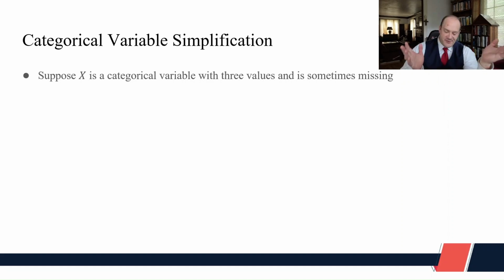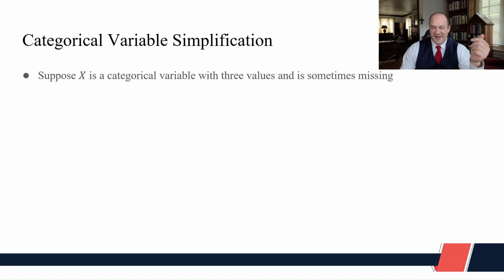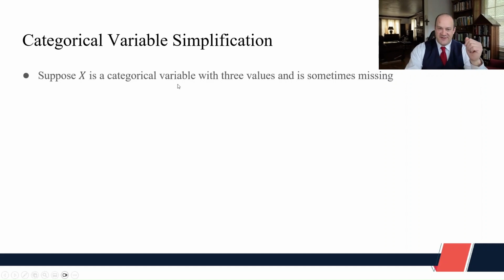So I'm going to go through a bunch of math in these upcoming slides, but just keep the goal in mind that if you have a variable like state, so in the United States we've got 50 states. If it's possible that state is missing sometimes, what that really means is you have 51 states. You've got the states, and then you've got the state called missing. And it goes just like that. So what you're about to see is a formalization of that idea.